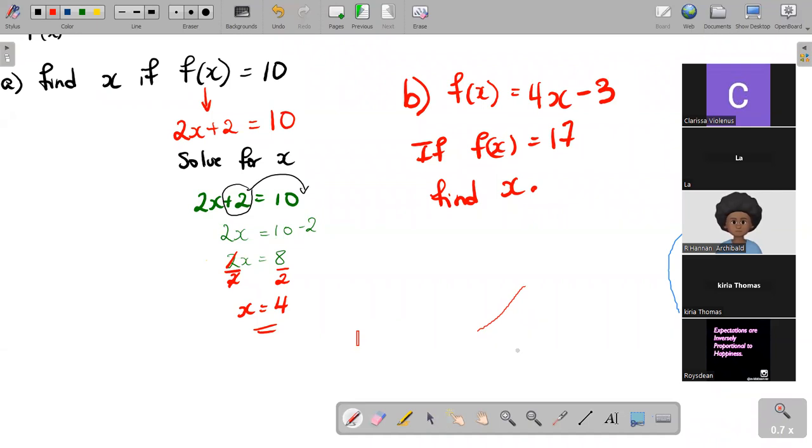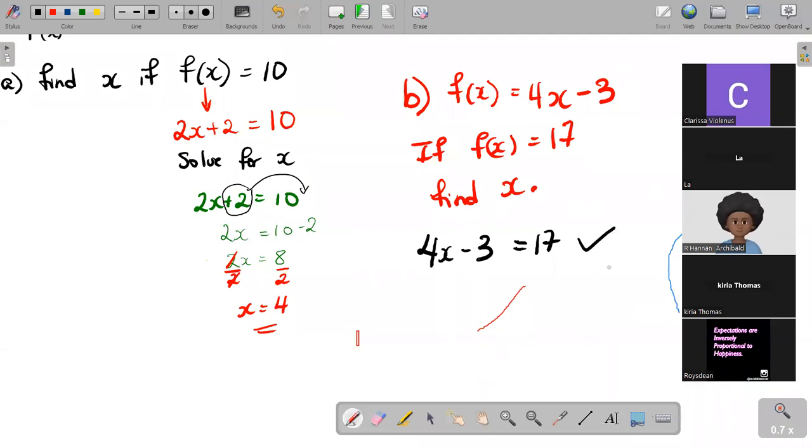So I'm seeing some answers in the chat. I'm going to start off by setting up my question. If f of x is equal to 17 and f of x is equal to the expression, I'm just going to say 4x minus 3 is equal to 17. So first question, did everybody have this part right?